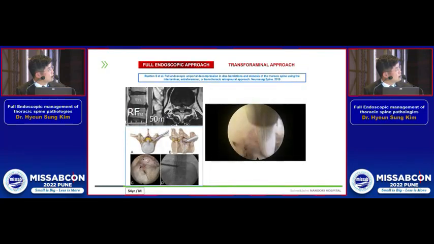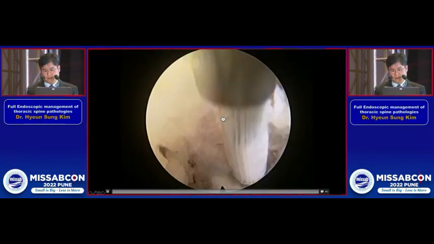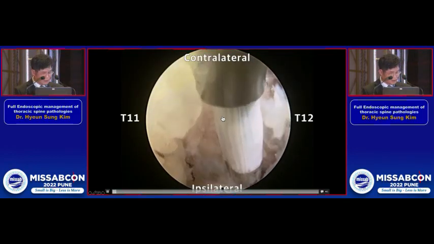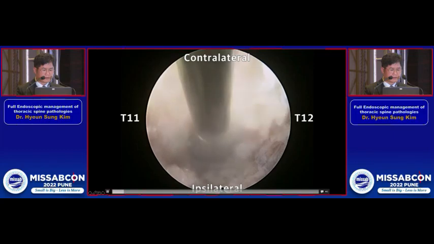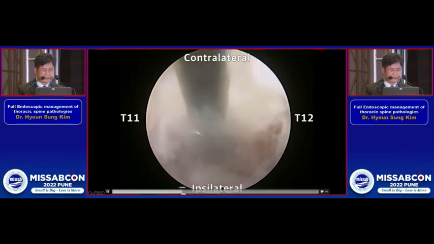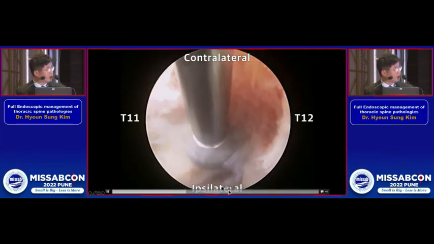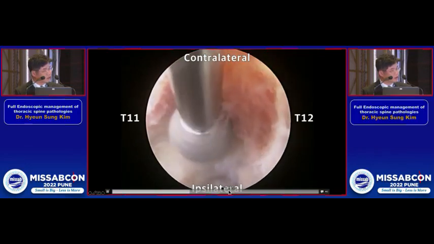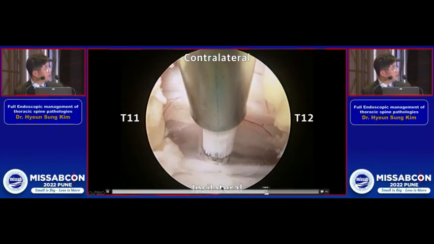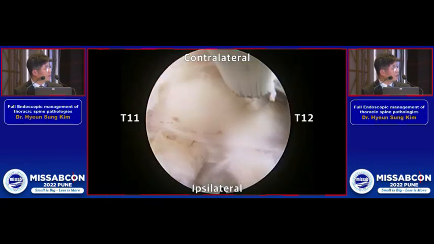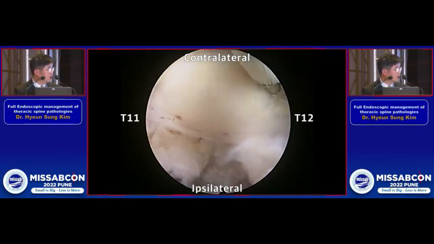But in cases like this, it's not easy. In these cases, you first dock the working channel, and then resect some of the superior articular process. Then finally, you can see a wider transforaminal space.